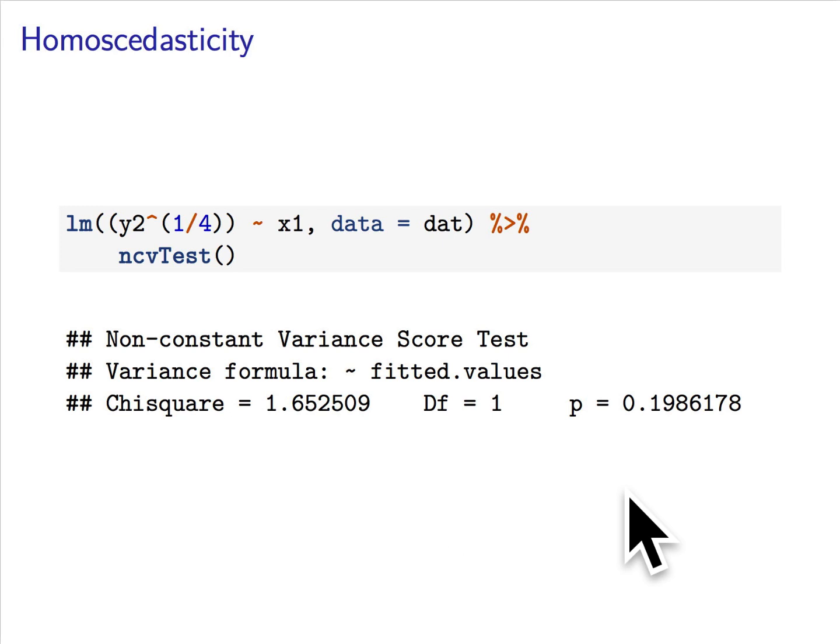It looks like this model is not going to have as bad of a problem with that assumption. And again, this is the transformation we do with y to even out the variance around the line a little bit better.